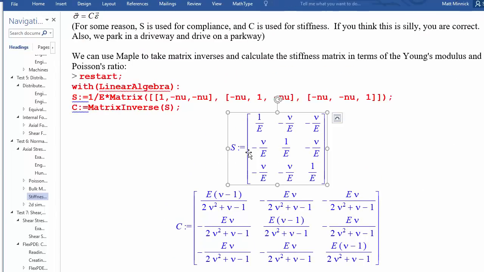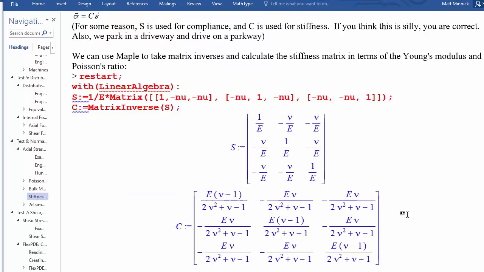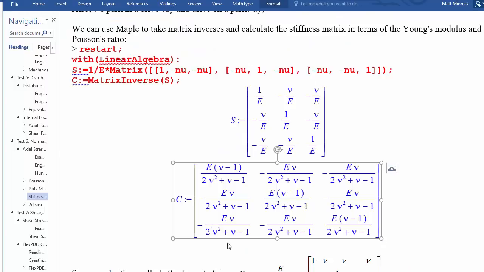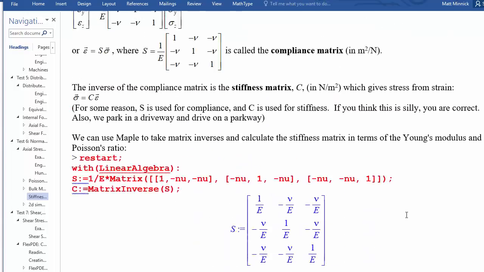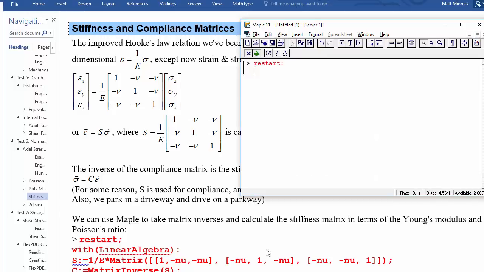So the compliance matrix is the one with the S, and the stiffness matrix is the one with the C. Maybe this was something to do with why certain things like propane tanks are threaded backwards to make sure that you're thinking when you're using them. Because if you just go and do what's natural, you'll actually open it when you're trying to close it and all that. Anyway, let's just jump back into typing this out.